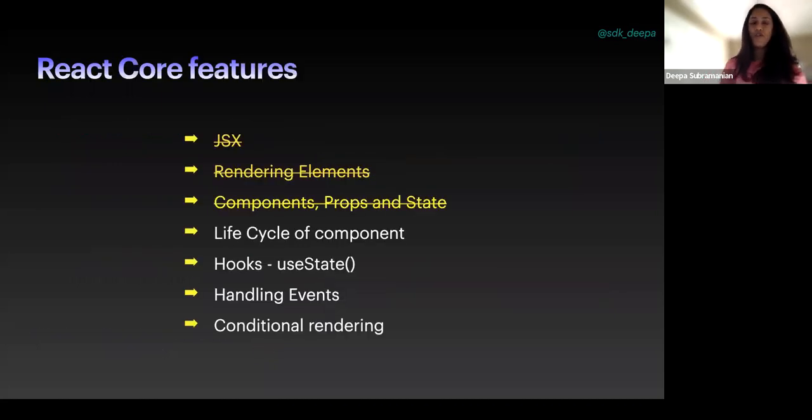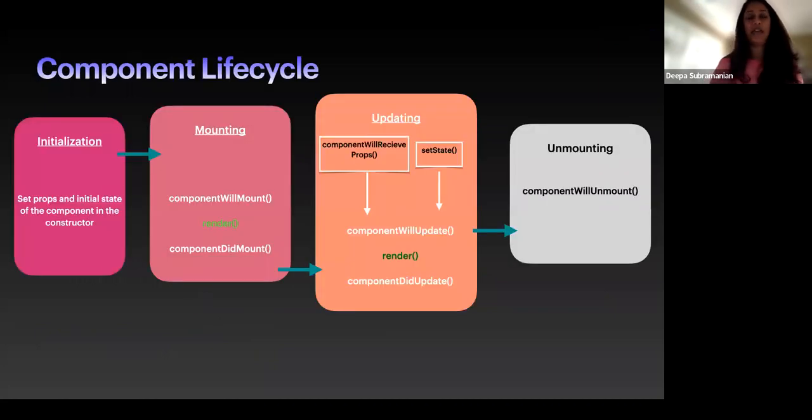Okay, so far we talked about JSX, rendering elements, components, props, and state. Now let's see what the life cycle of a component is. There are four stages: initialization, mounting, updating, and unmounting. The green ones here are from the React DOM methods, and the other ones are from React methods.